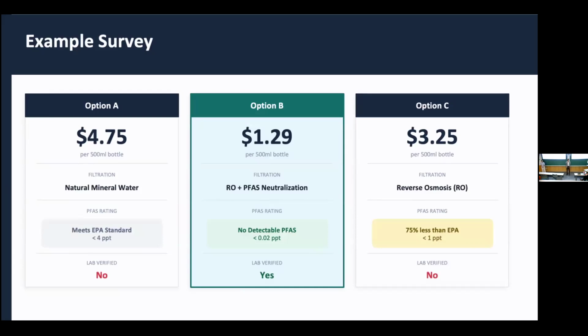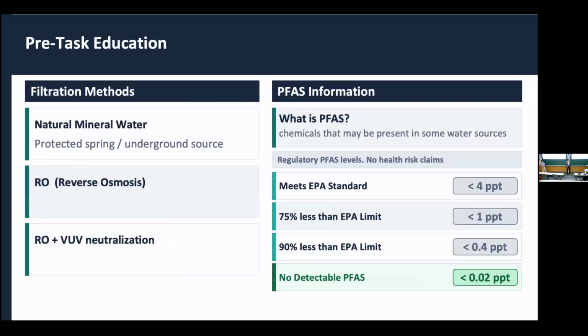So we can say, for example, option B is at the lowest price, $1.29, and with the highest purity, no detectable PFAS, less than 0.02 parts per trillion, while option A costs $4.75, much more expensive than option B, but the PFAS rating just meets the EPA standard. So this forced trade-off allows us to estimate how much people are willing to pay for purity.